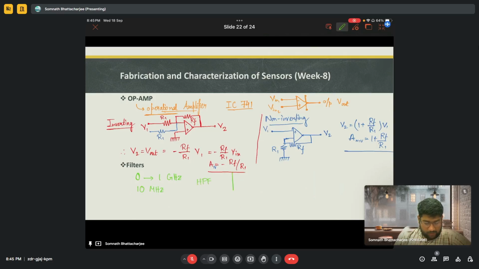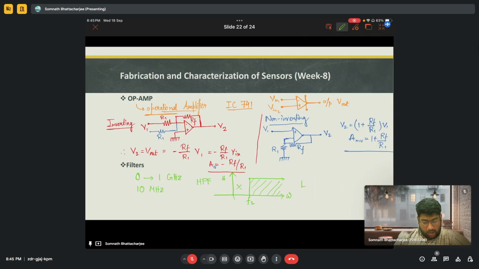So what is a high pass filter? A high pass filter has a lower cutoff frequency here and it goes towards this. This is the frequency, and this is the output. What will happen is that it will block all the lower frequency noises in this range, and it will just pass the higher frequency signal.